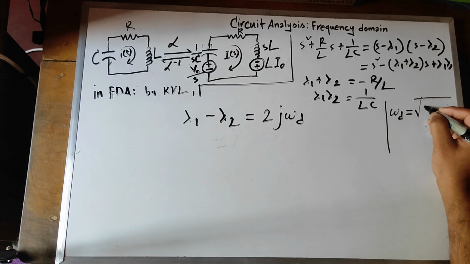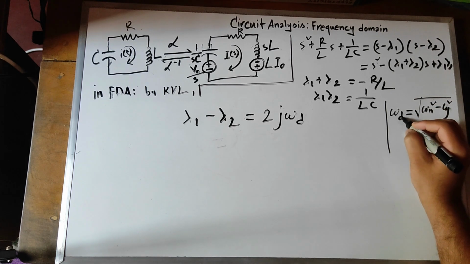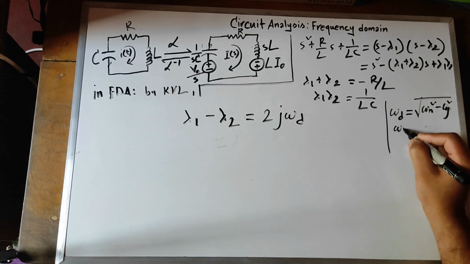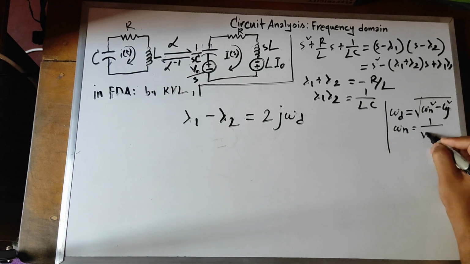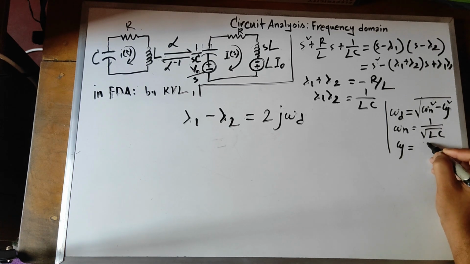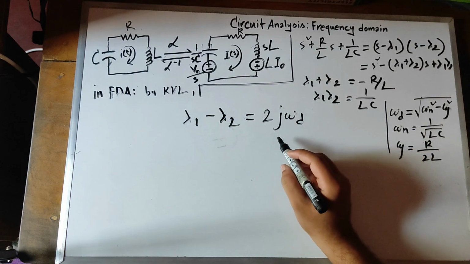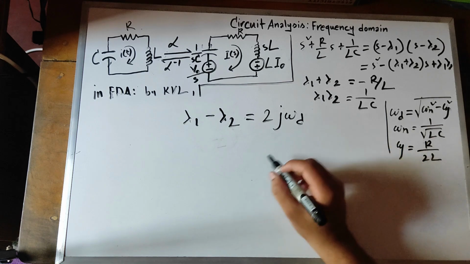So omega d is root over omega n, the natural undamped frequency, square minus psi square, where psi is the damping factor. Omega n is 1 by root LC, and psi is the damping factor R by 2L, and lambda 1 minus lambda 2 is 2 j omega d.